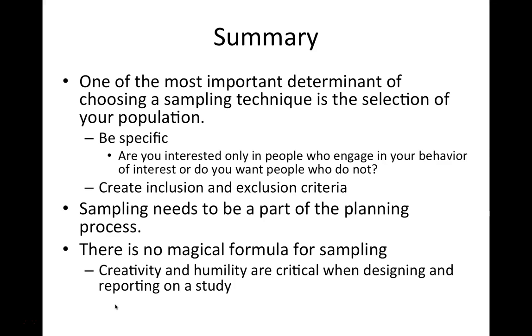Another person may decide that they're using random sampling, and you really want to justify why that sampling technique is going to maximize some benefit to you and minimize some limitation. So it's never perfect. No study is ever perfect in its entirety. No sampling technique is ever perfect. But you really want to make sure that you're giving some rationale as to why you're choosing that.